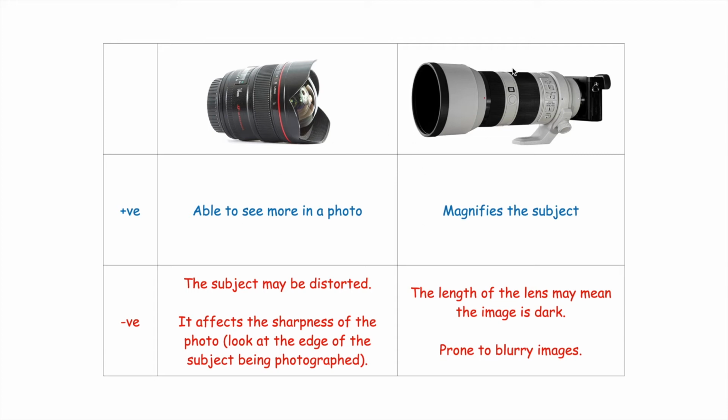So the telephoto lens, this one, it magnifies the thing that's the subject, or the thing that's having its photo taken. So these lenses are used in particular by wildlife photographers. So, for example, if you decided you want to go and take some photos of some foxes in a field, you wouldn't want to get too close to where the foxes are living, because you're going to scare them away.